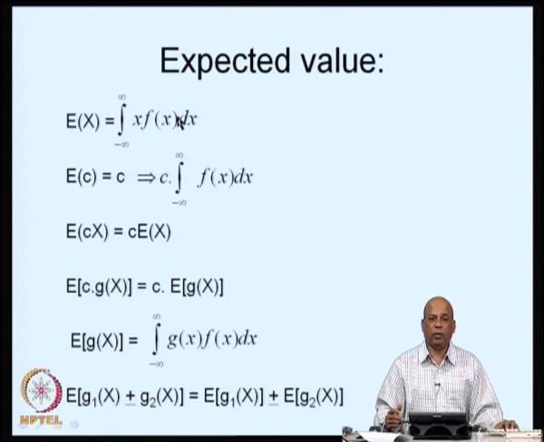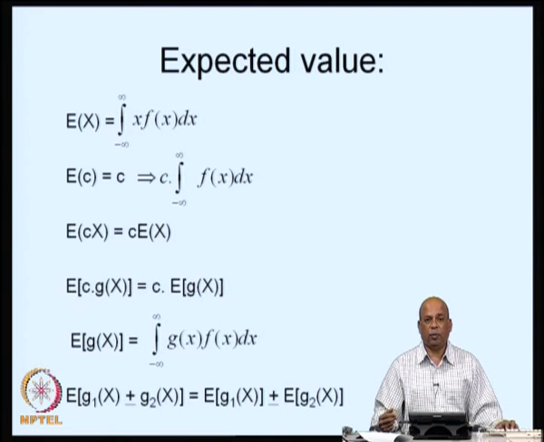Similar to the first moments, we can start talking about higher moments. And in general, when we go to higher moments, we start talking about moments about the expected value itself. So, we start talking about the second moment about the expected value, third moment about the expected value, and then we will see what exactly they indicate.